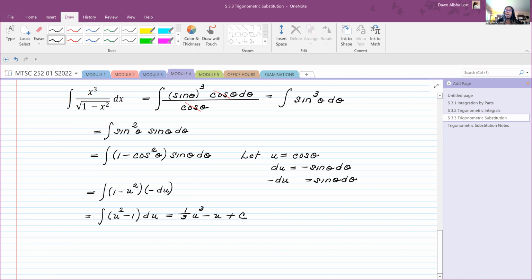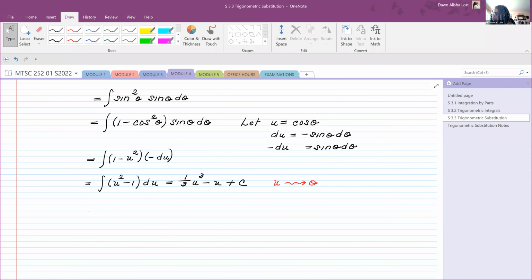Okay, so now we got to go from u back to theta. So this is equal to 1/3 u, where u is the cosine of theta. So that's the cosine cubed of theta minus the cosine of theta plus a constant.